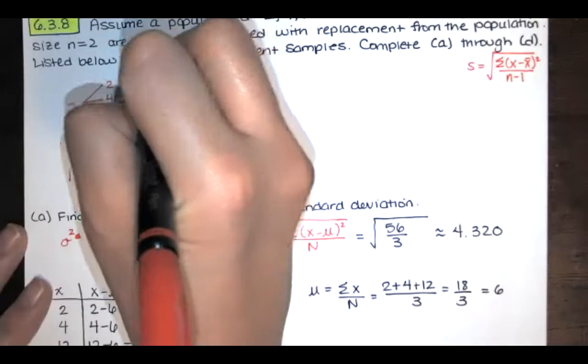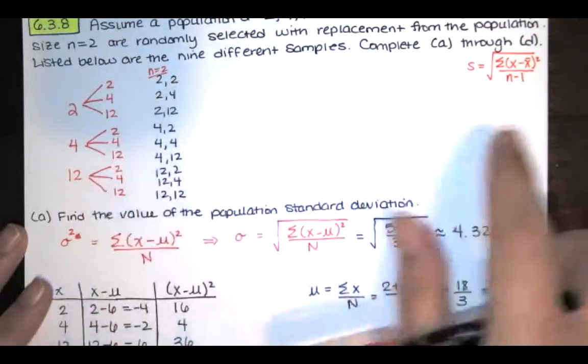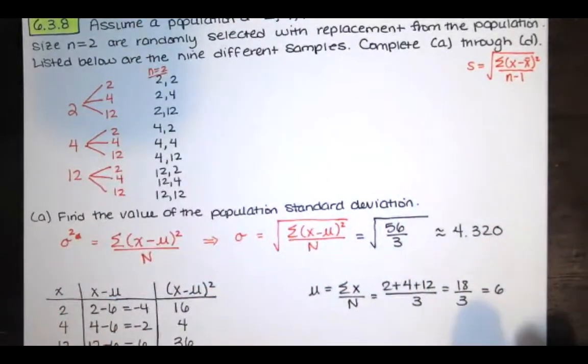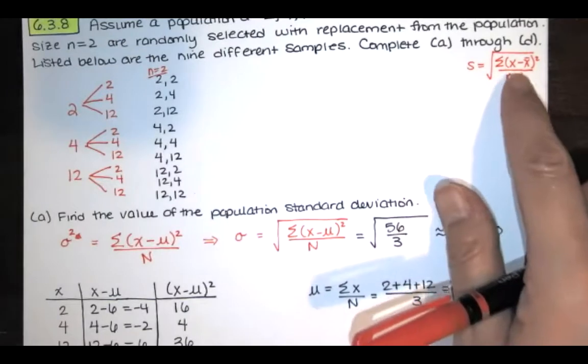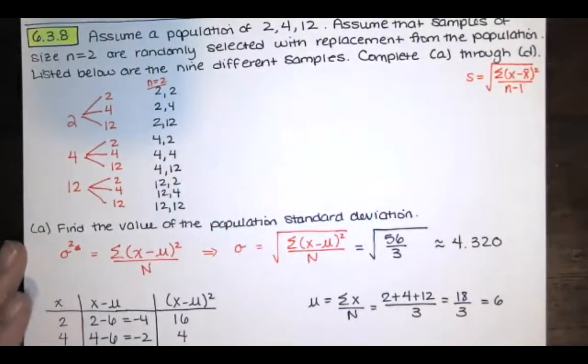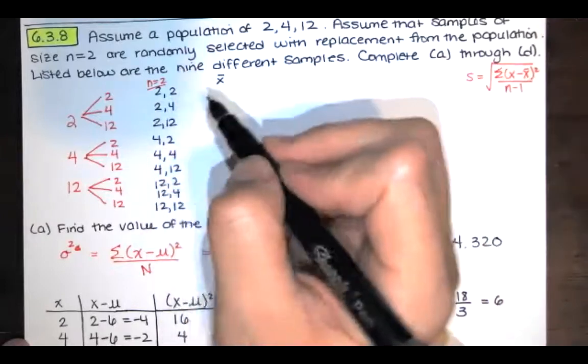So n is equal to 2 for all of these because you're selecting 2. You've got 1 item here and 1 item here. So in our case, if n is equal to 2 here, n minus 1 is going to equal 1. In order to use this formula, I need to compute the mean of each of these samples, which is easy enough to do because they're just 2 values.